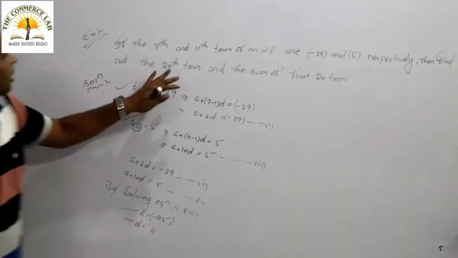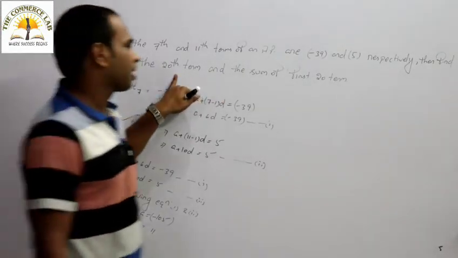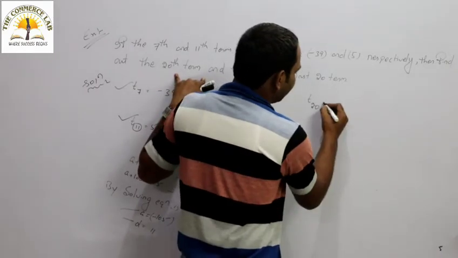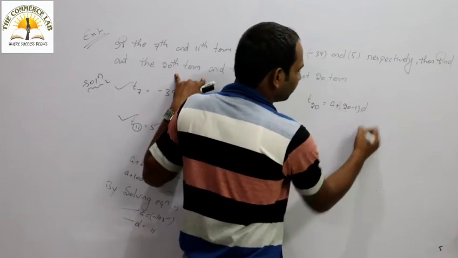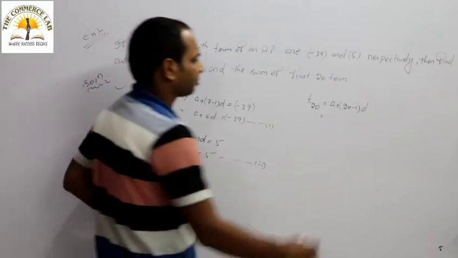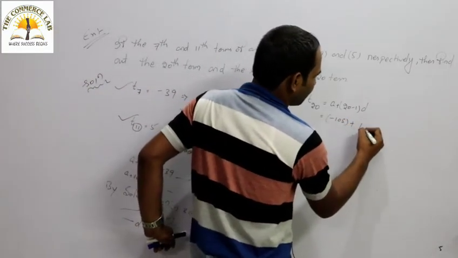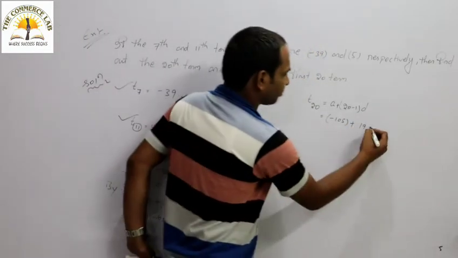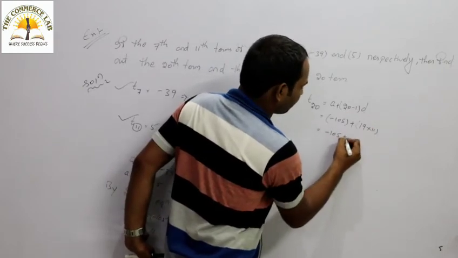Then come for the next part, find out the 20th term. The 20th term is T20. So T20 equal to A plus 20 minus 1 into D. Here A is minus 105 plus 20 minus 1, 19, D is 11.